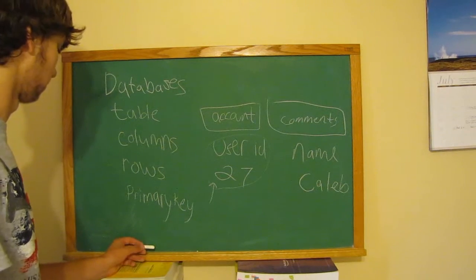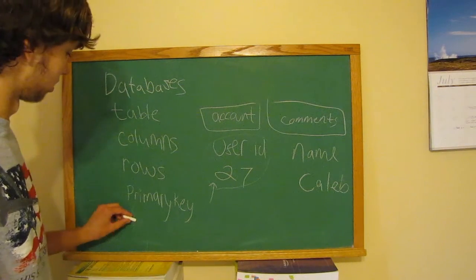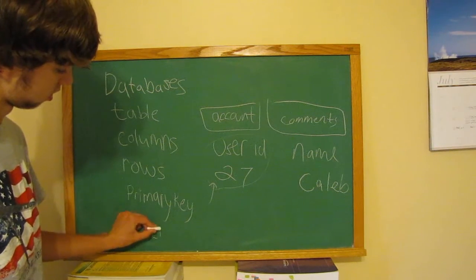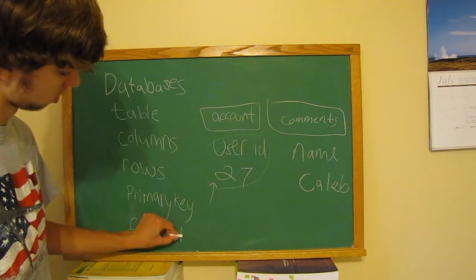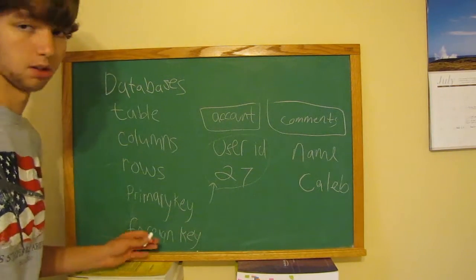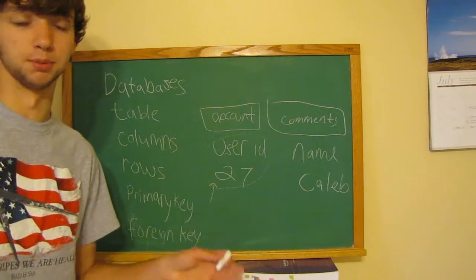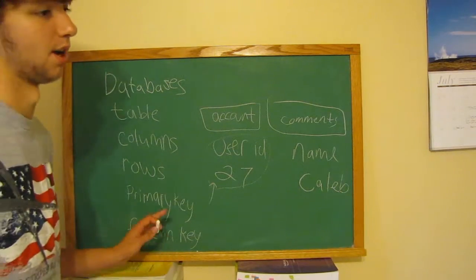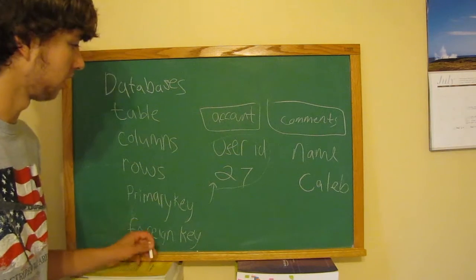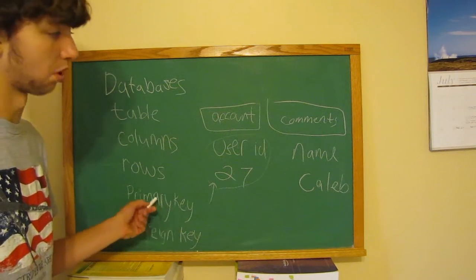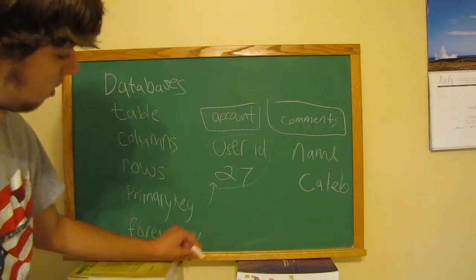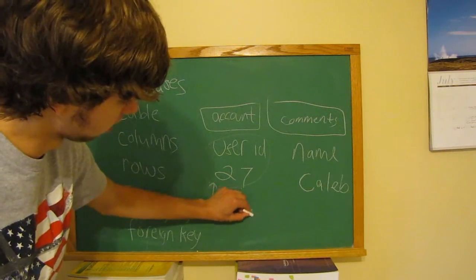Okay. The new one in this video is foreign key. And don't worry, if you don't understand one of these, by the end of the series, I promise you will be a pro. Well, I'm a pretty good teacher. A foreign key is a reference to a primary key in a different table. So let's say you have comments right here.